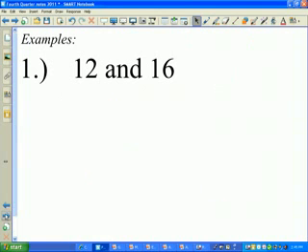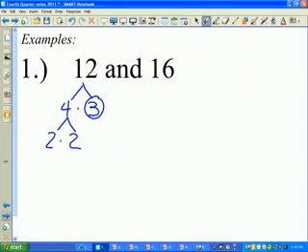So for example, we have 12 and we have 16. I like to do this by examples. If we take what we just learned, and I want to factor out my 12, I can do 4 times 3. 3 is a prime number, which means I can break down my 4 into 2 times 2.